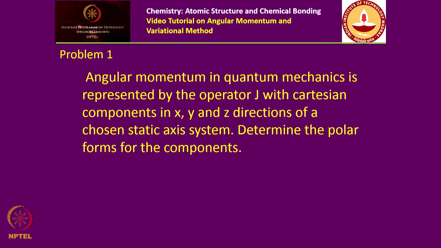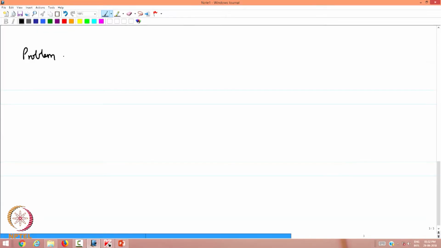Determine the polar forms for the components. I am sure you have seen these things again and again in the last several lectures, but still it is worth doing one exercise on your own, particularly calculating the Jx operator in the polar coordinate system of theta and phi. Let us go to the solutions.